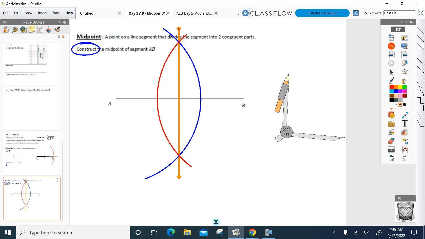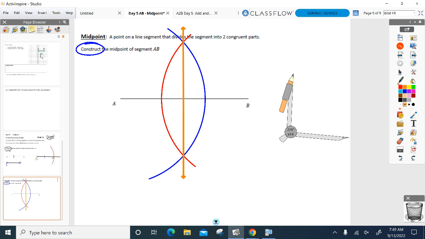And you found the middle of the line segment. You found the middle of it. Where's the middle? Wherever your line crossed AB. So let's put a point here. Why don't we label it M for midpoint?